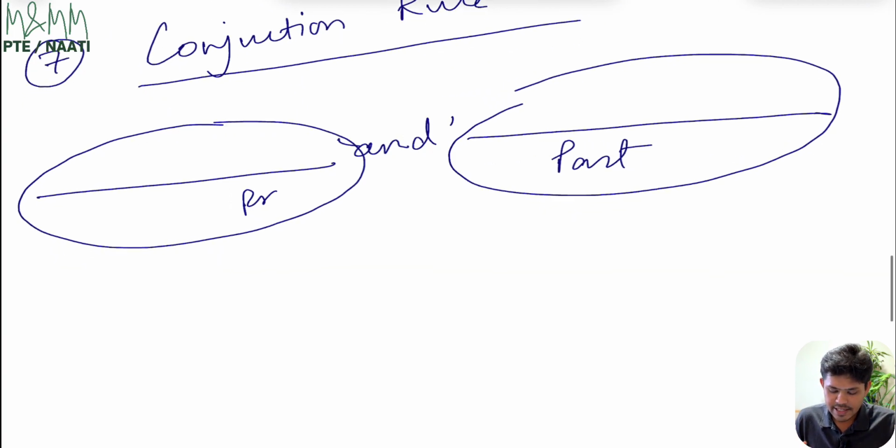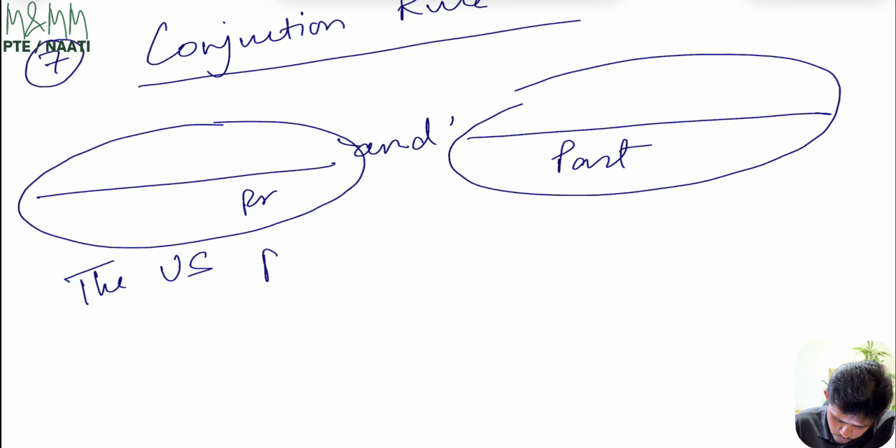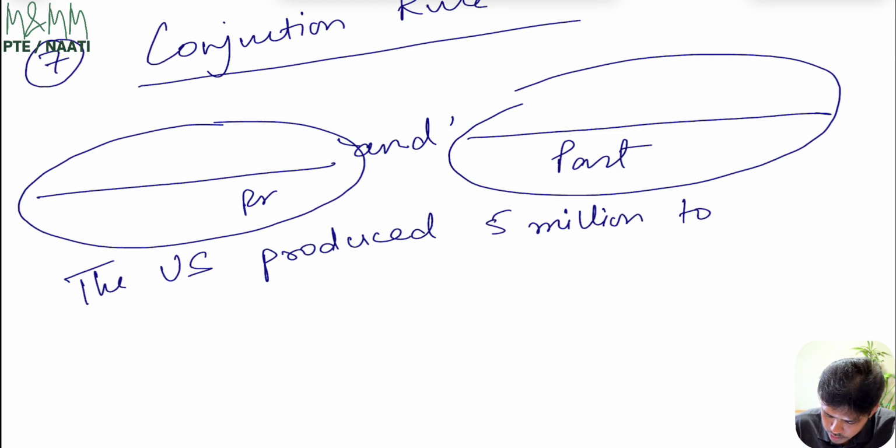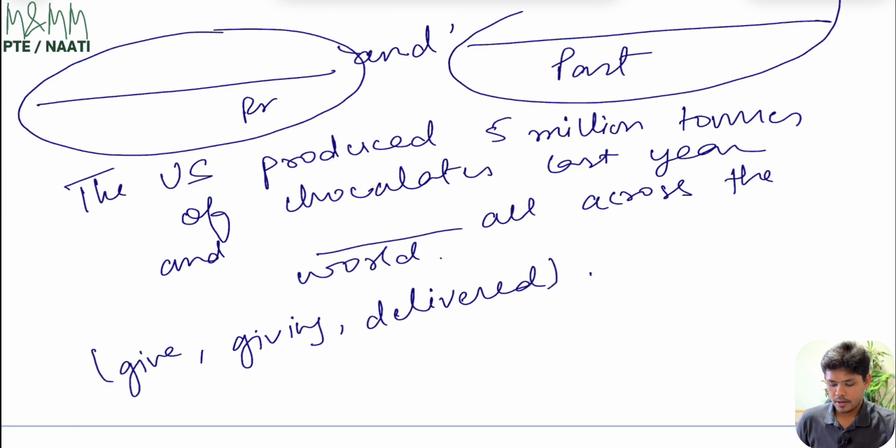Let's take a very easy example and then you will understand what I'm trying to say over here. The US produced 5 million tons of chocolates. Now, simplest possible example.